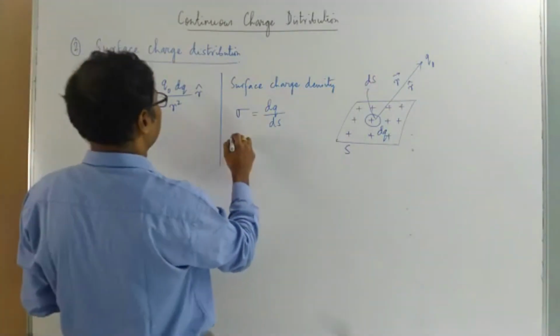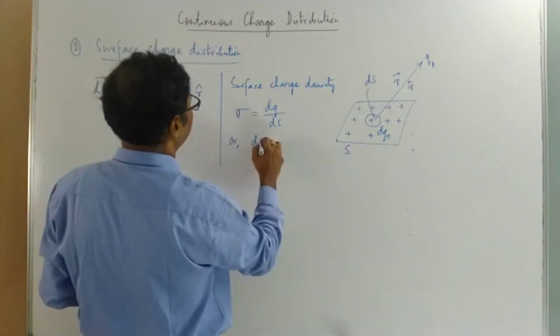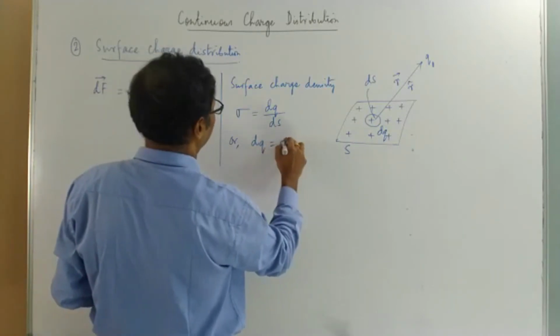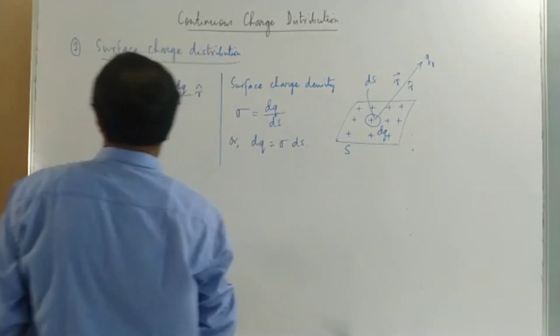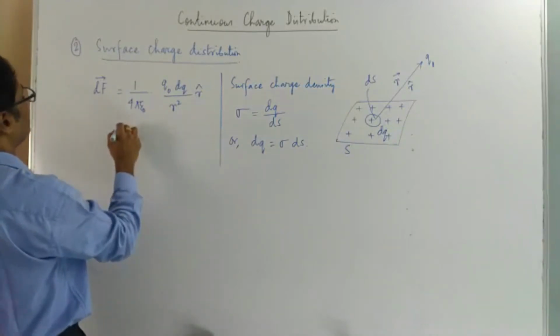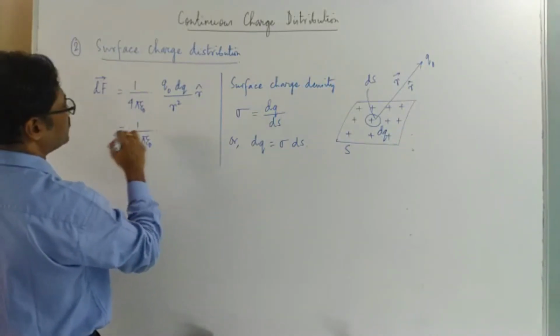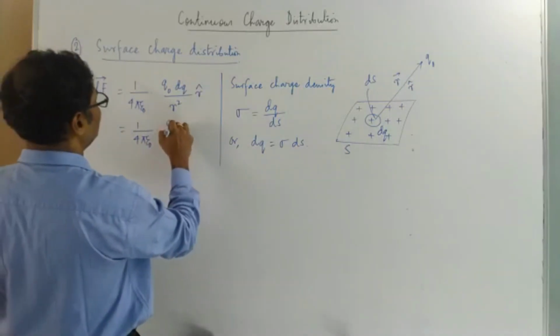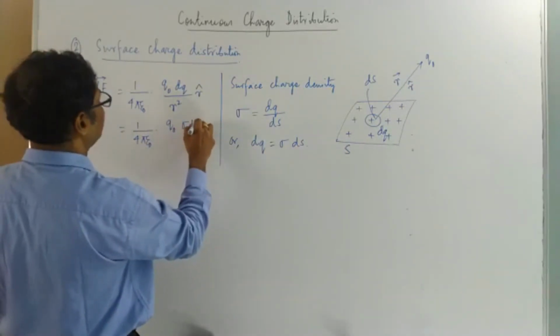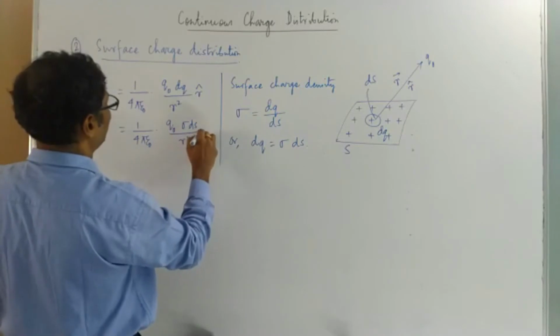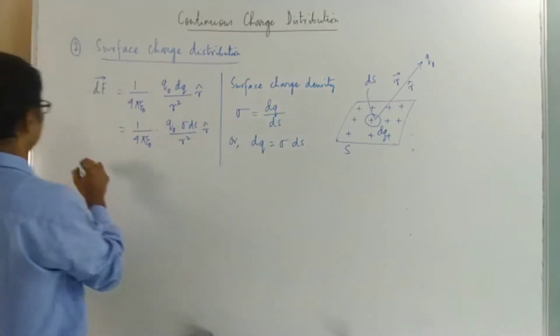So from this I can easily write dq is equal to sigma ds. Therefore I may write it as 1 by 4 pi epsilon 0 Q0 sigma ds by r square into r cap.